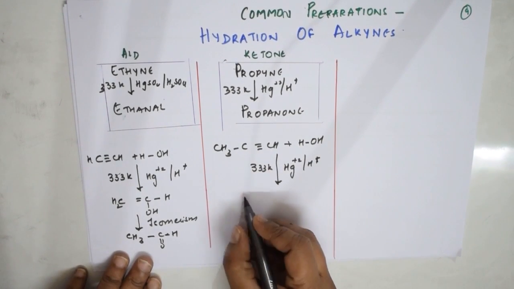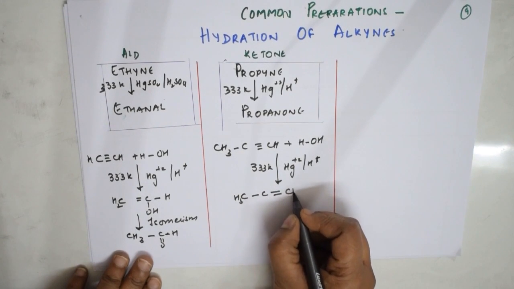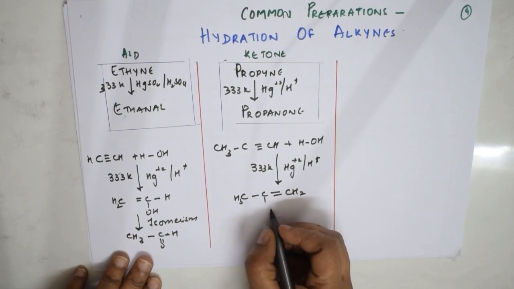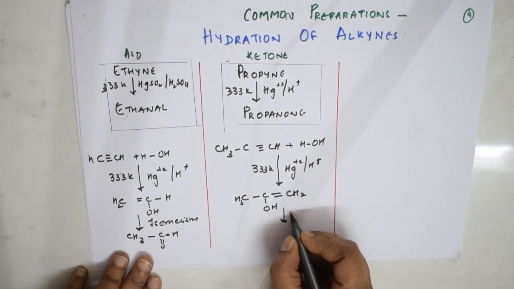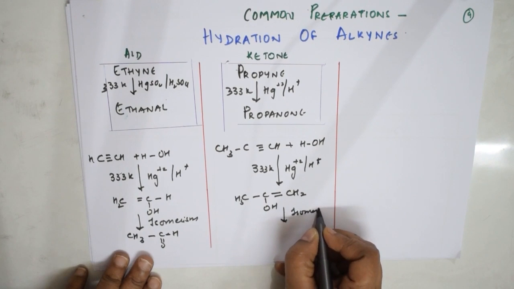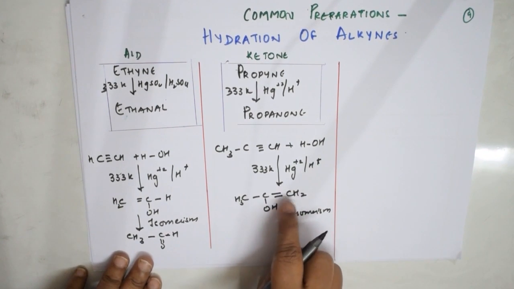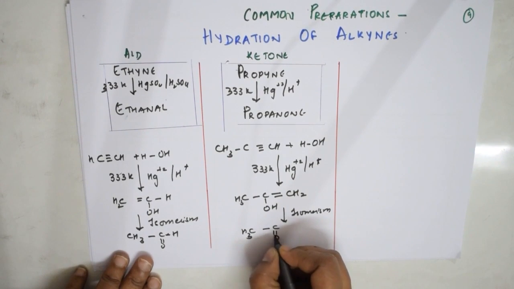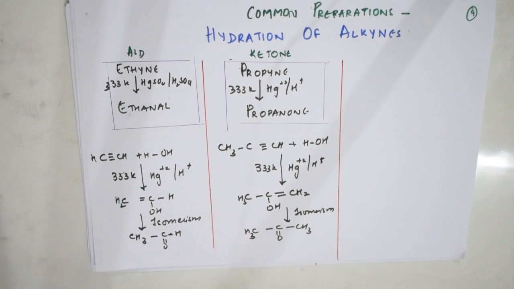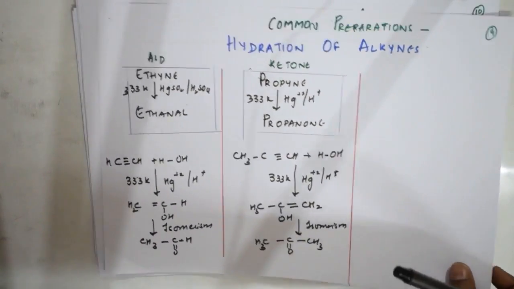As I said, the bond breaks and you get a compound with a double bond, CH2, H adds there, H adds here, OH adds here. This further undergoes isomerism. This bond is going to shift here, and this H is going to shift here. You're going to get CH3, C double bond O, CH3. This is fine, students. I think this is clear. That was hydration of alkynes. Now, preparations of aldehydes, ketones and acids are over.